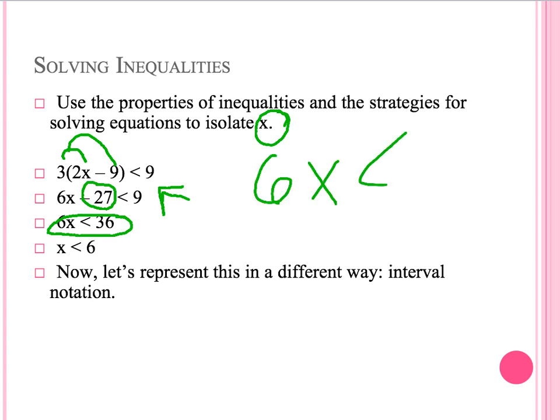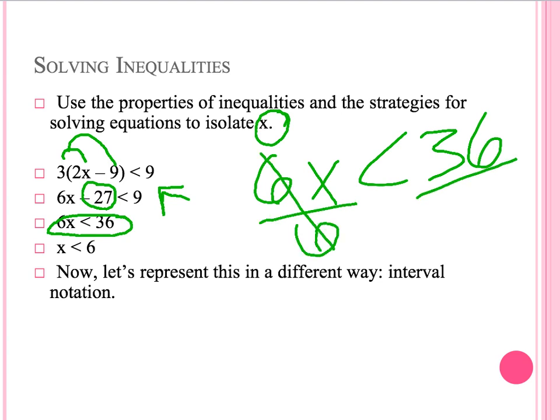When we have 6x less than 36, dividing by 6 on the left side cancels to 1. When we divide 36 by 6, we get 6. Now, since we divided by a positive number, we know our rules say that our sign will not change, so x will still be less than 6.